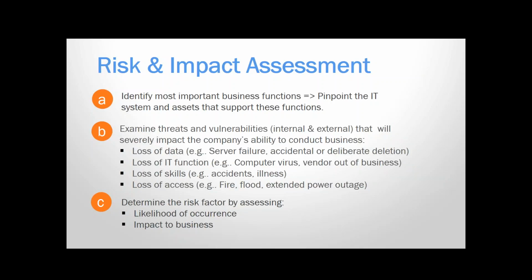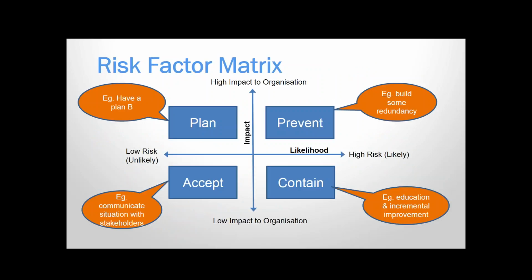Once you identify these scenarios, our next step is to assess the likelihood of occurrence and the impact on the business. This is what we call the risk factor matrix. Your assessment of both likelihood and impact will vary from company to company, and even from one business unit to another. So let's take an example.